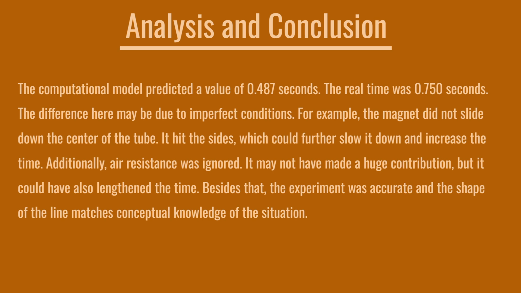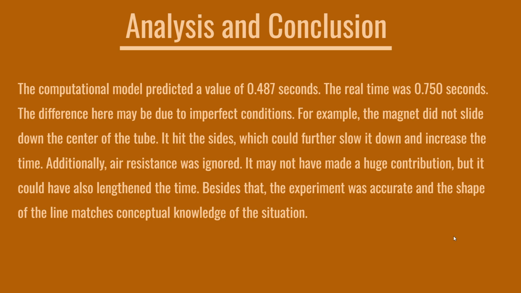I think that's probably one of the biggest issues because the magnet did, I think, scrape the sides of it. And then air resistance was ignored. I don't think air resistance would do too much, but it still can have a contribution. All of these combined could account for the 0.25-ish seconds that were the difference.